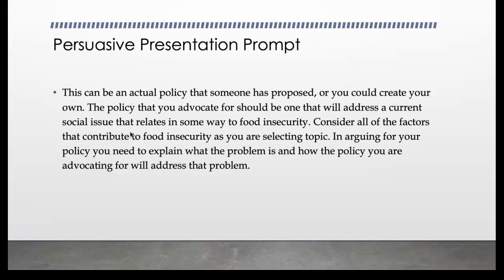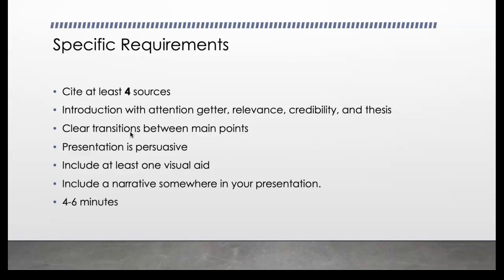In arguing for your policy, you explain what the problem is and how the policy you're advocating for will address that problem. The specific requirements: you'll need to orally cite at least 4 sources, so we need to hear, according to, in a 2020 article from the New York Times, etc. You need an introduction with all 4 parts: attention getter, relevance (why should we care), credibility (why should we listen to you talk about this), and your thesis that previews your main points, plus clear transitions between main points.